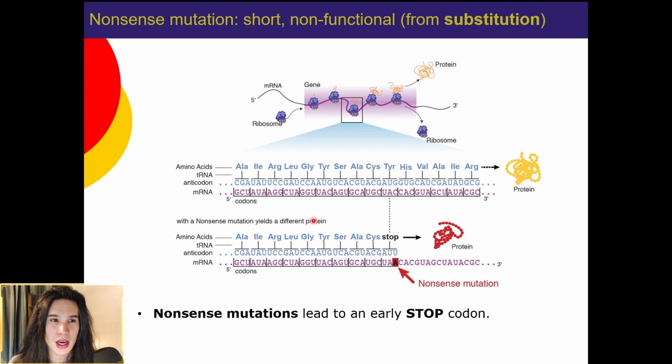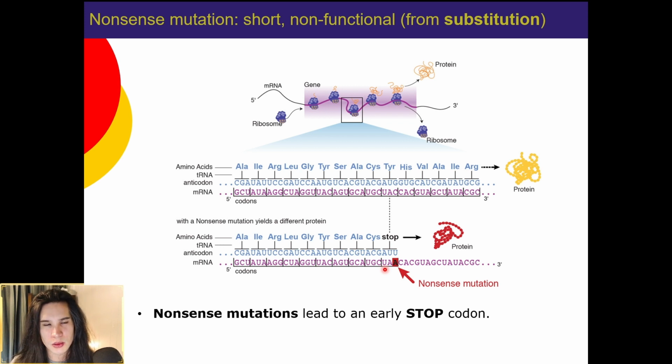All right, so next we have nonsense mutations. So this is actually where you get a short non-functional protein. So this is usually going to be from substitution. And what happens with a nonsense mutation is, with our previous mutation, with our missense mutation, we got a new amino acid, right? A new amino acid in that protein.